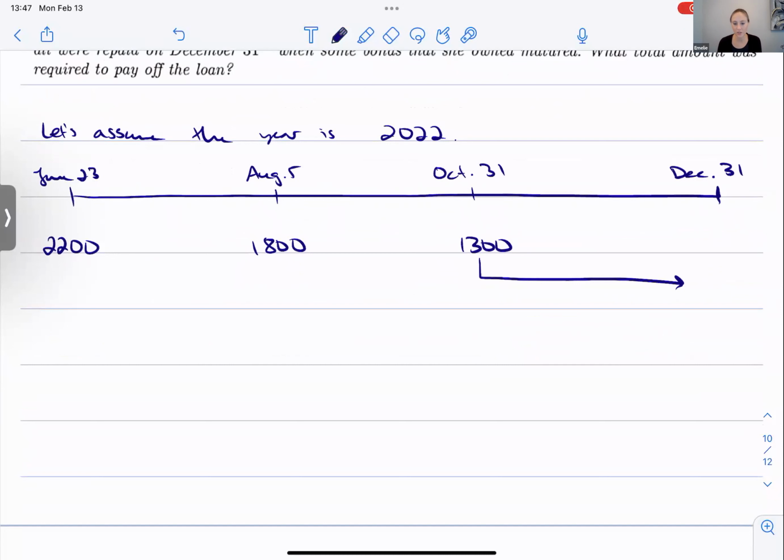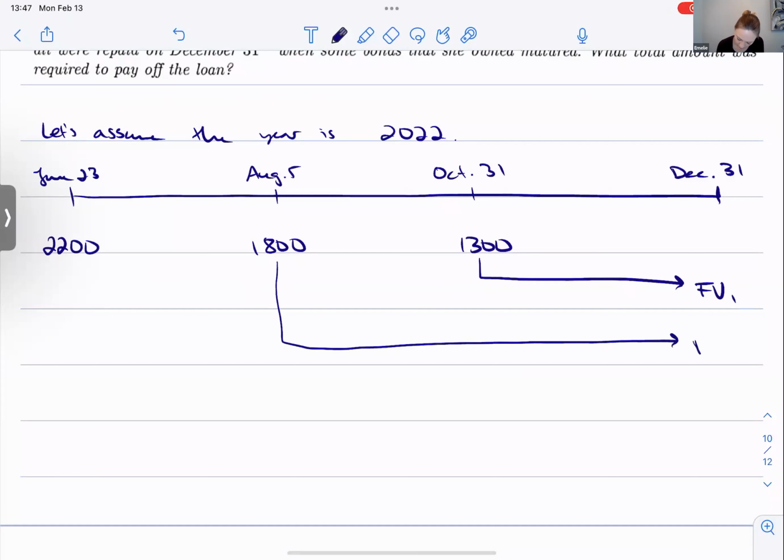So that 1,300 is going to become some future value, and I'm going to denote it future value 1, or 3 if you prefer, right? It doesn't actually matter. But it was the 3rd loan, so future value 3 would also make sense. Future value 2, and then future value 3.